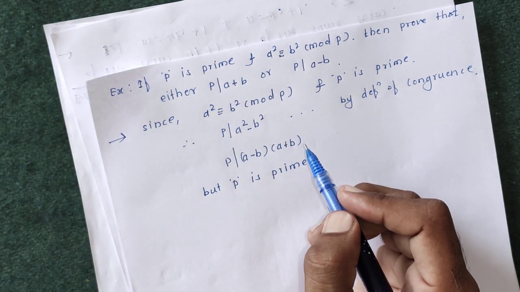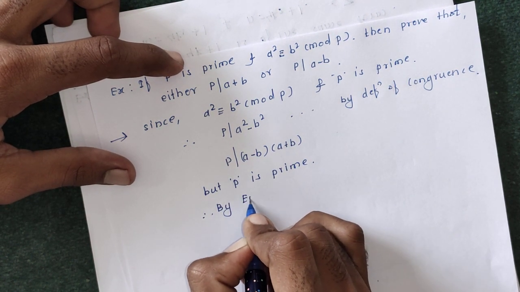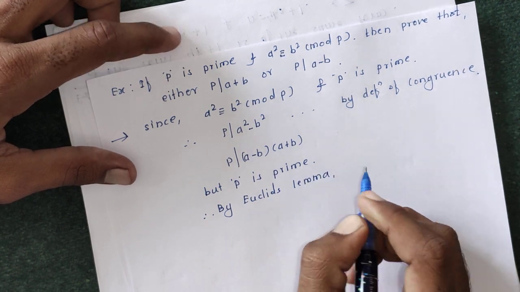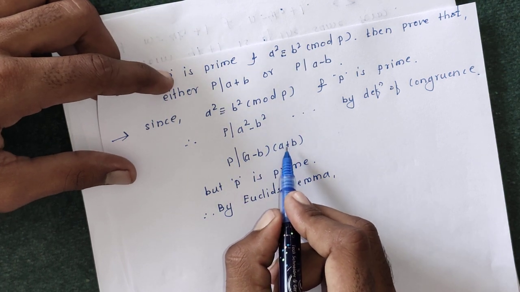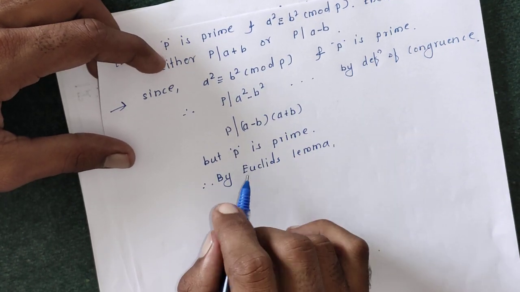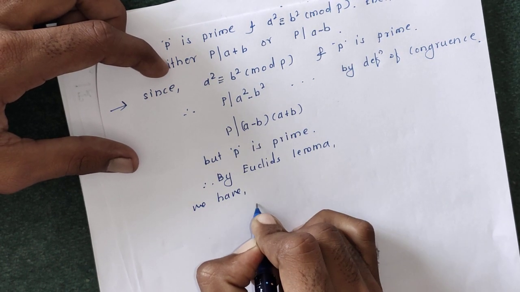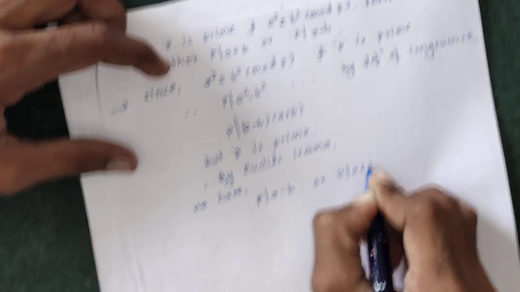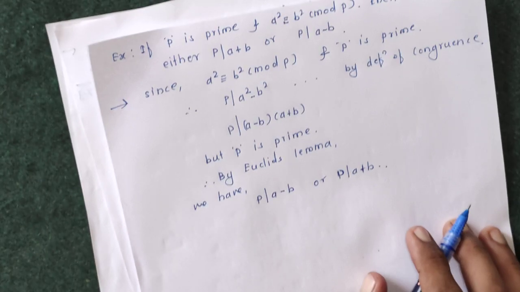This is from Euclid's lemma. Therefore by Euclid's lemma, p divides a minus b or p divides a plus b. Hence the solution of this example.